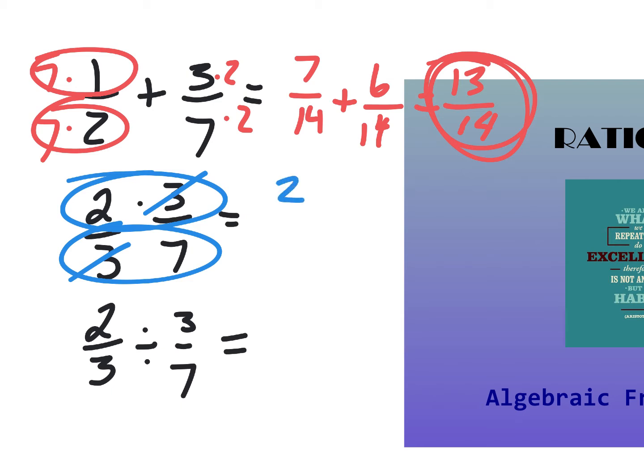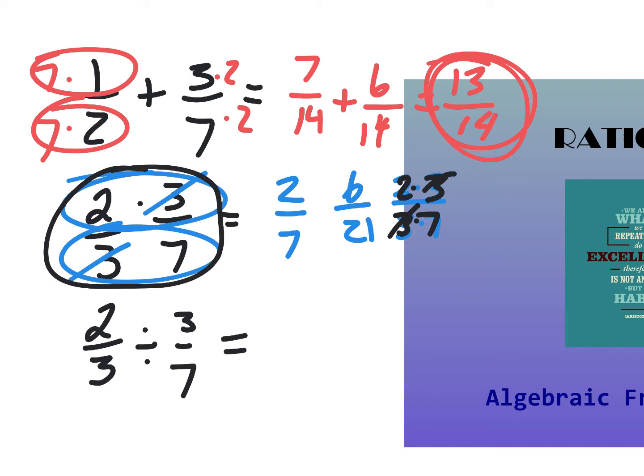And then you get 2/7. If you said it was 6/21, you're right. You just haven't reduced yet. You could have broken it back down into 2 times 3 and 3 times 7, and then cancel it that way, but it's way faster to catch it in the first place. Final answer, 2/7.